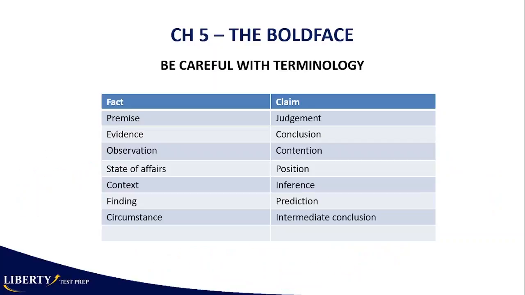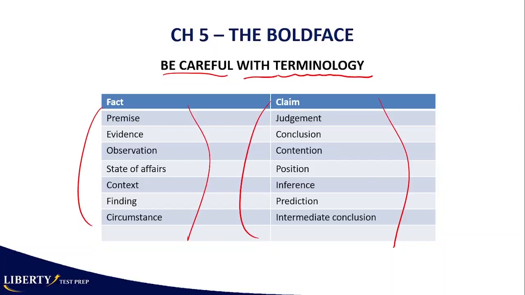So one important thing we have to go over here in the boldface is that the terminology tends to be very dense, okay? There is a lot of terminology, a lot of different synonyms for the words. So here we have outlined the 2 main types of statements that we have. One is the fact, right? The other one is the opinion. We already went over this in chapter number 1.